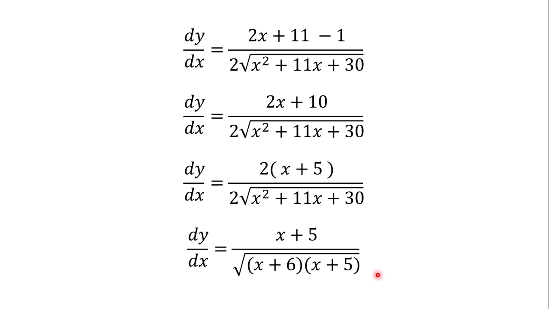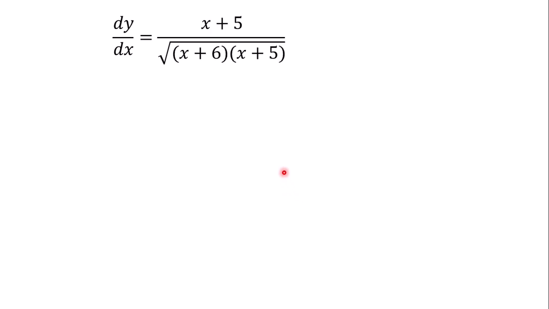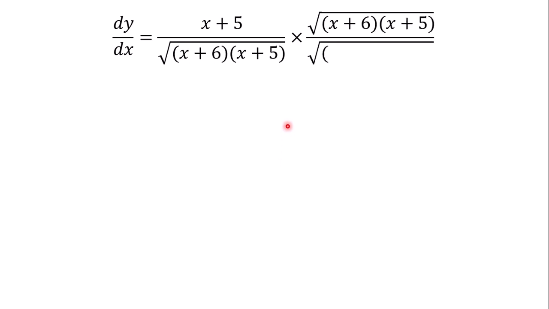Okay, good. Now here don't do any cancellation because we are rationalizing. So this times this and then this times this as usual.